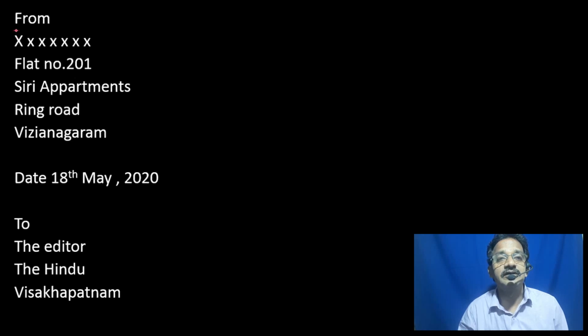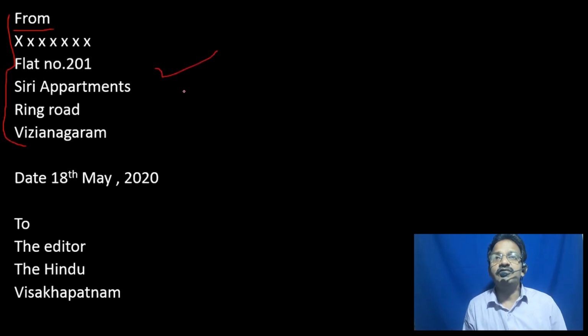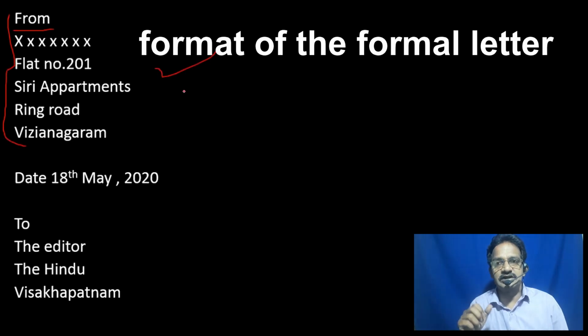You are going to write from address top left hand side, and when you write from address, don't forget to write the full postal address, beginning with the name, but in the examination point of view you are not writing name, and you have to write flat number or door number, any nearest landmarks, and street and pin code, including pin code, and after that you can write the date also.